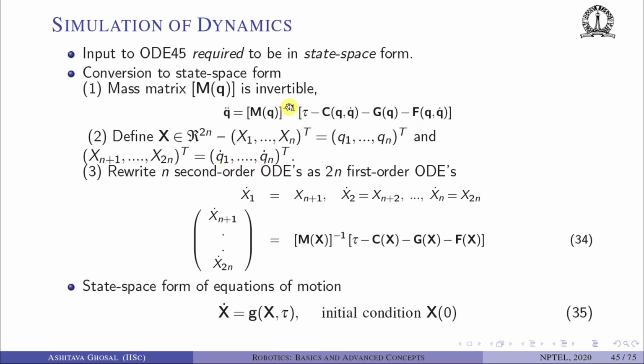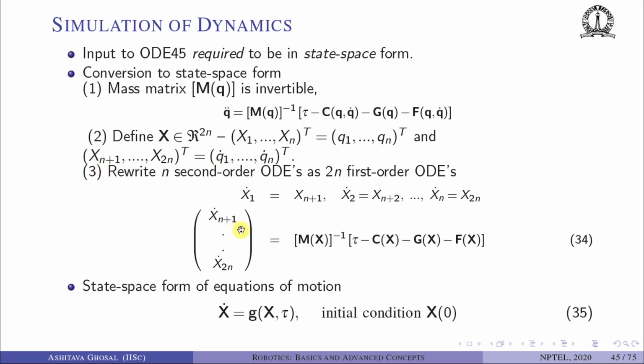Basically, we have n second order equations. We can rewrite them as n first order ODEs. So x1 dot is q1 dot, which is x(n+1), and likewise x2 dot is x(n+2), and so on.